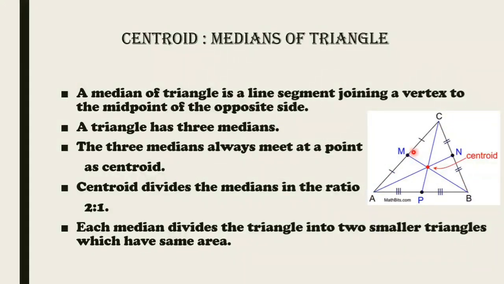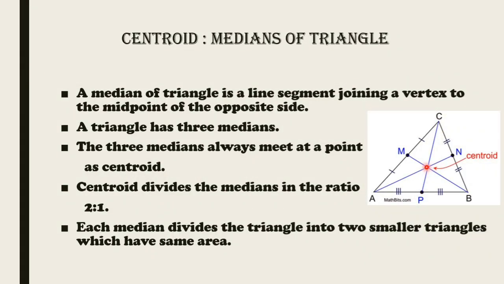So thus, this triangle ABC has three medians, namely CP, AN, BM, and they are meeting at a single point which is known as the centroid of the triangle, which divides these medians in the ratio 2:1. It means this centroid is dividing CP in the ratio 2:1.